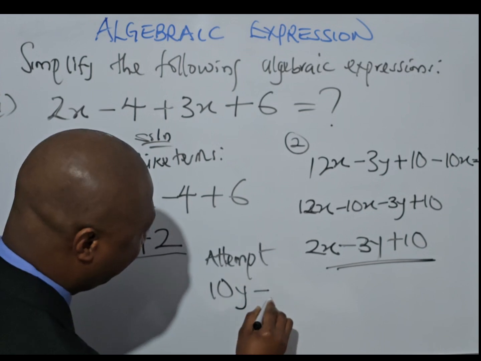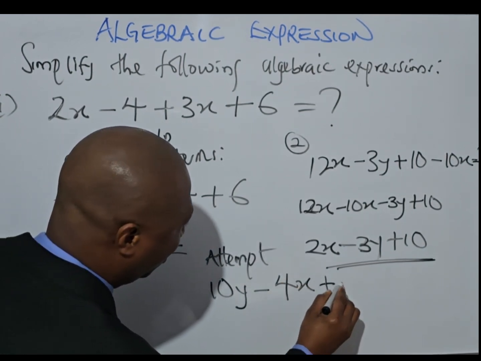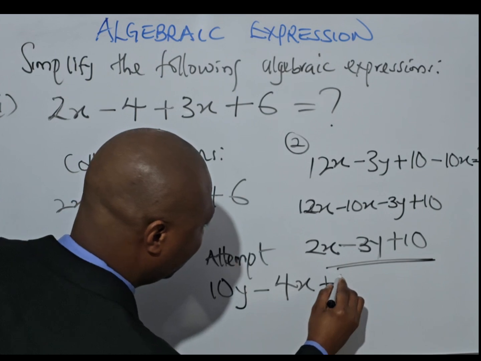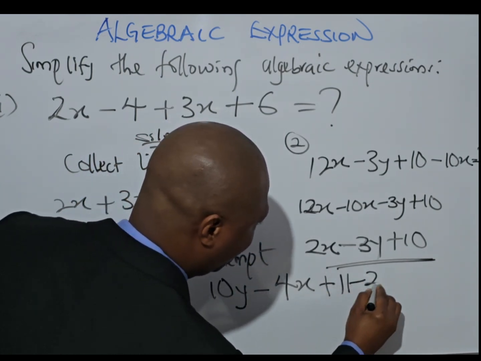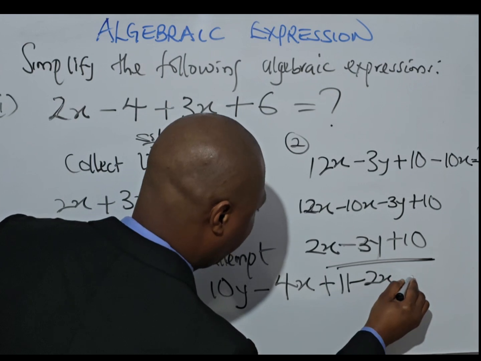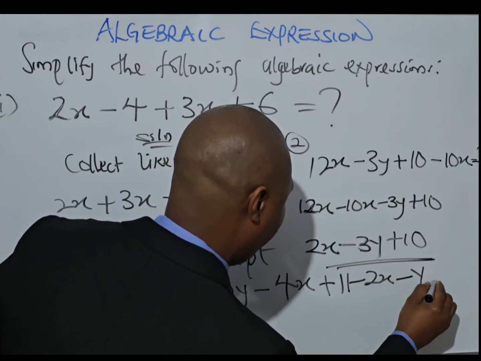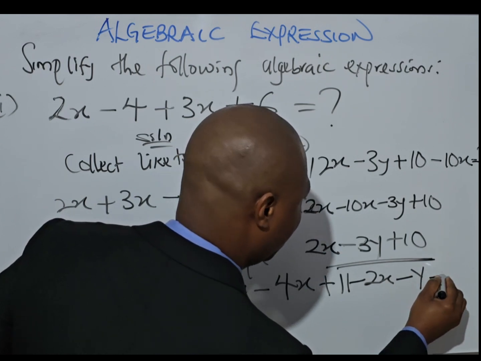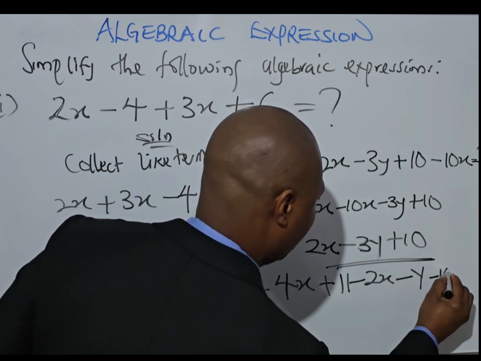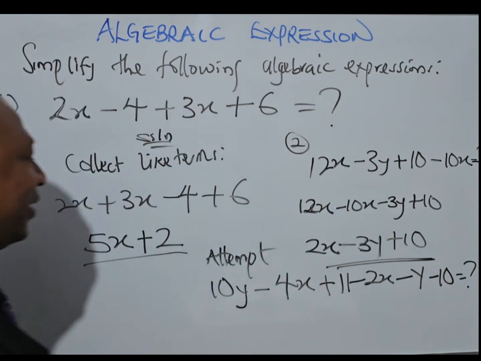10y minus 4s plus 11 minus 2s minus 1y minus 10 equal to, what is the answer to this?